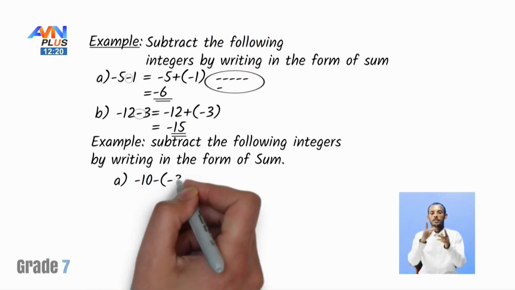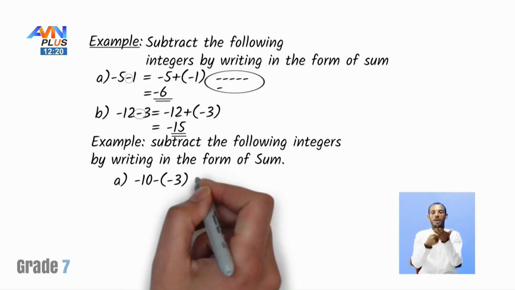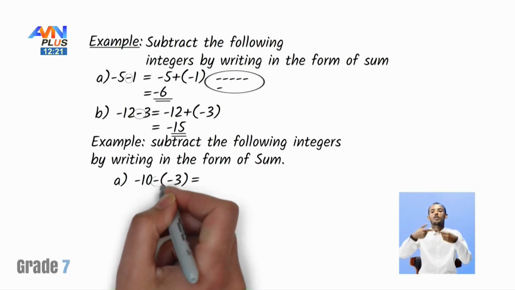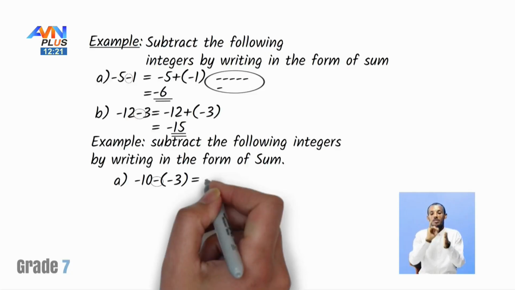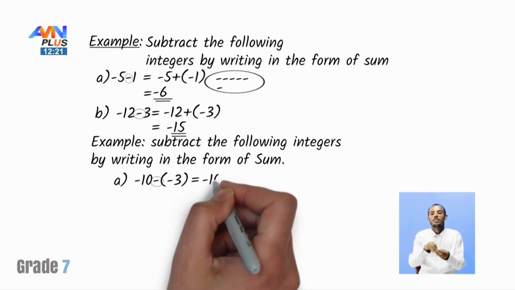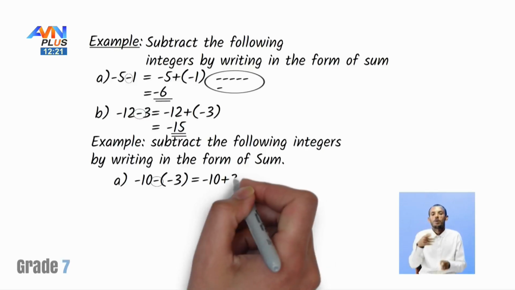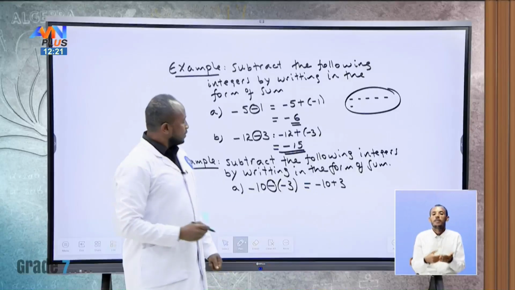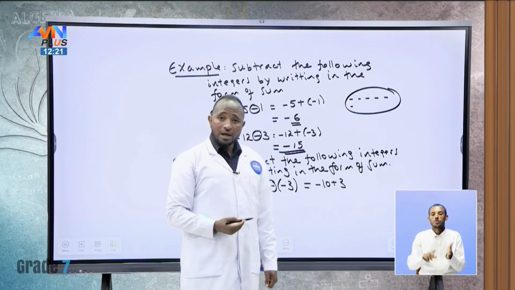Let's try this question first together. Okay, here, as we said, subtracting means adding the opposite. So, this subtraction becomes plus, so minus 10 plus, and then you add the opposite. What is the opposite of negative 3? Positive 3, that's correct, good. Now, what will be the sum of these two? Negative 10 plus 3.